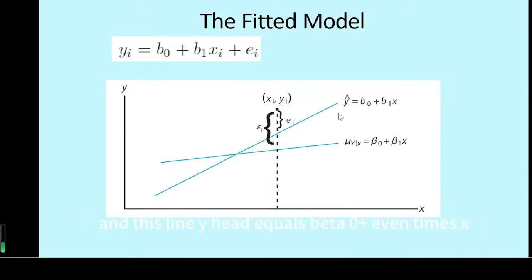And this line, y hat equals b0 plus b1 times x, is the linear regression line, because we never know the real line. We can only estimate the real line using this regression equation. And the term e i in the formula represents the error between the observed value and the fitted point on this line.